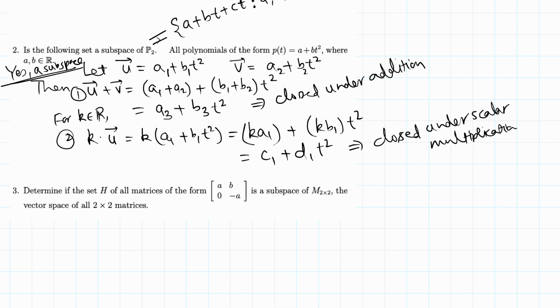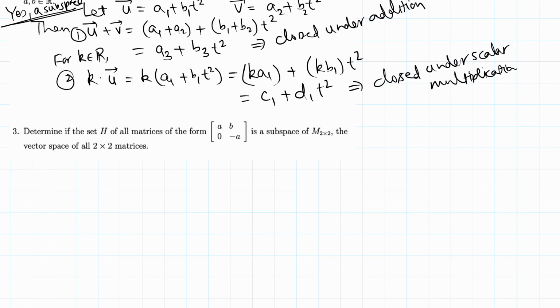So here let's see what we got: A, B, 0, negative A, and A and B are real numbers. When they are integers only, then that's a different story, by the way. If we take A 0 and B 0, we get 0, 0, 0, negative 0, which is also 0, that means the zero element is there.